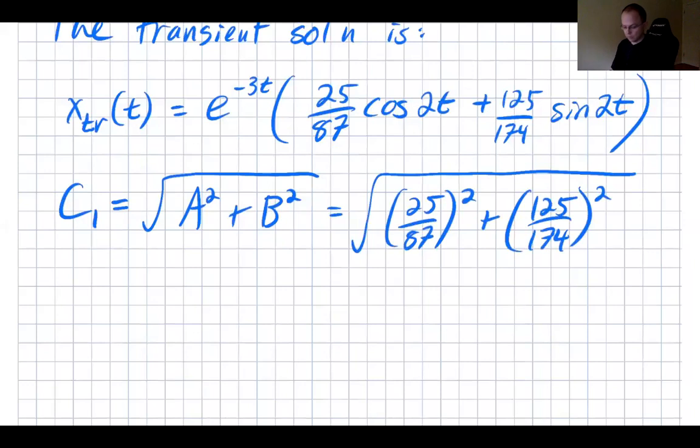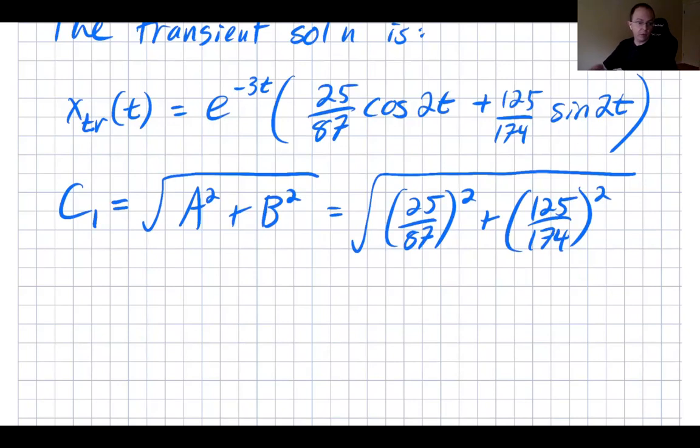Okay, so let's compute that. 25 over 87 squared plus 125 over 174 squared.